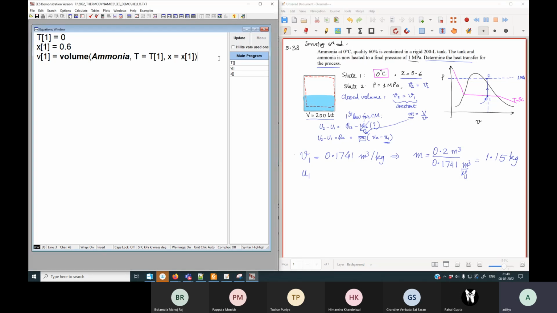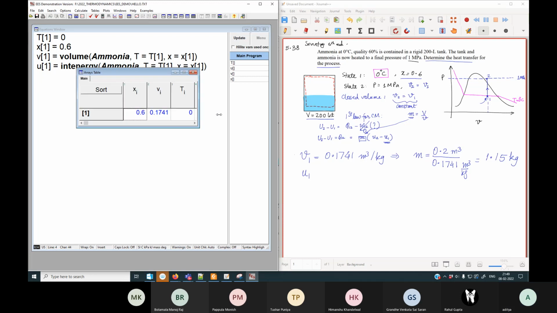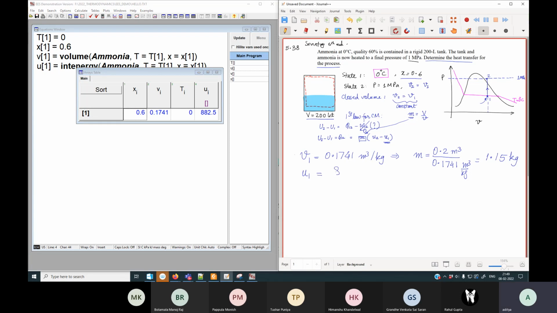So U1 will simply be internal energy of ammonia, T equal to T1, X equal to X1. Let us see what the value is. 882.5 kilojoule per kg.